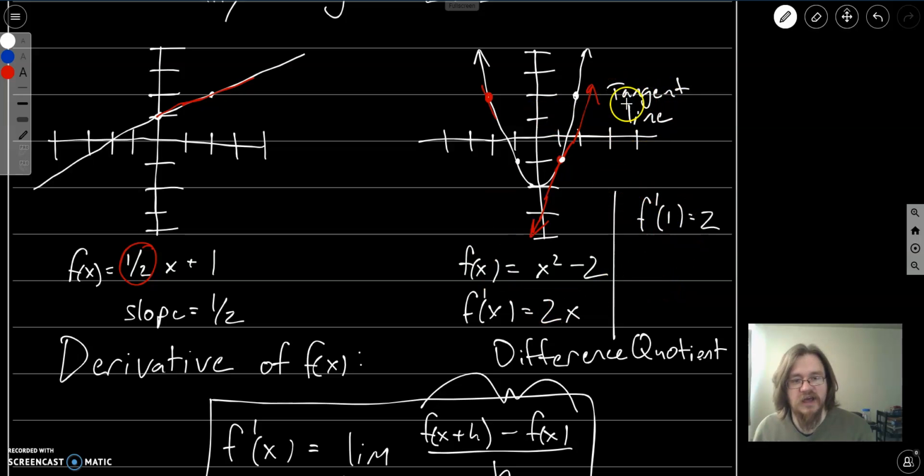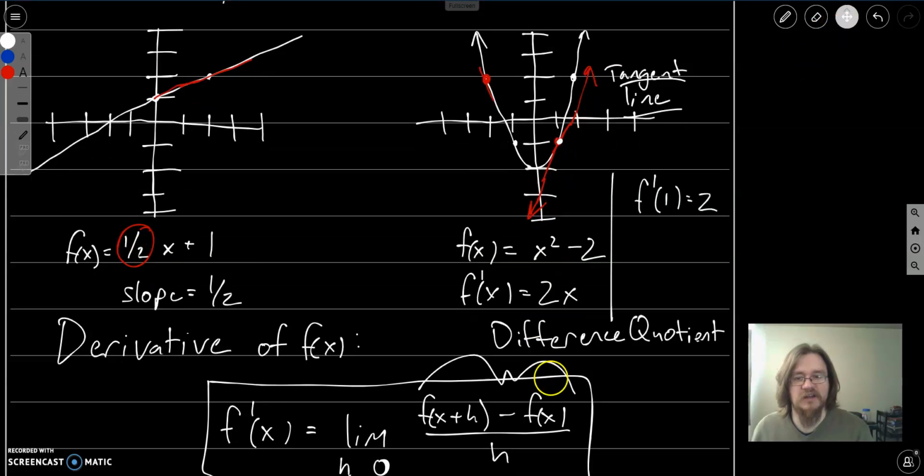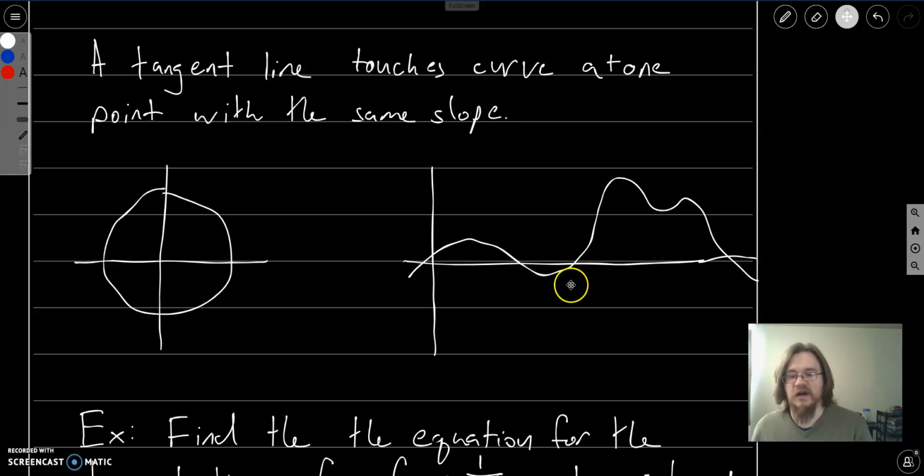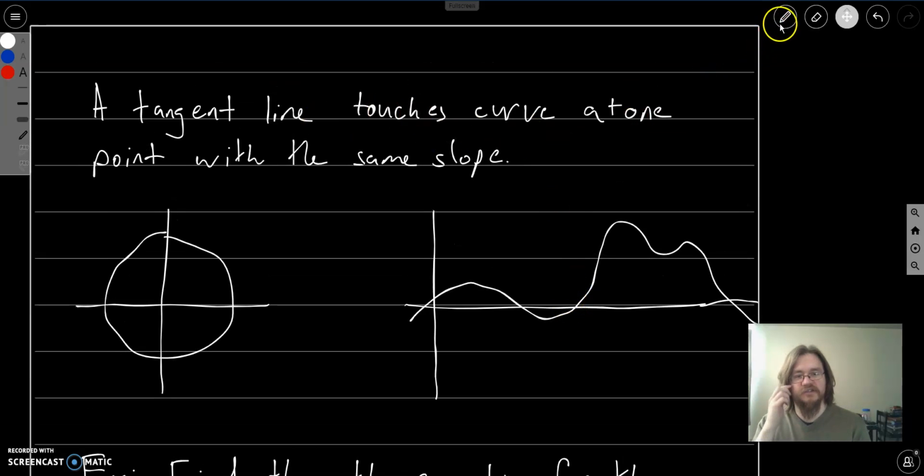So let's look at tangent lines in a little bit more detail as well. A tangent line touches the curve at one point with the same slope as that point. So for example, we normally talk about tangent lines on circles.